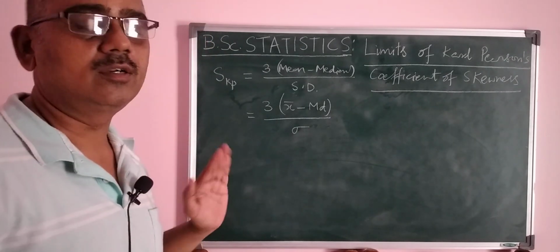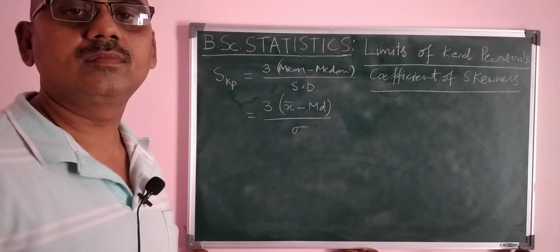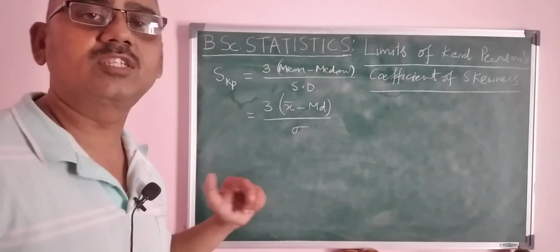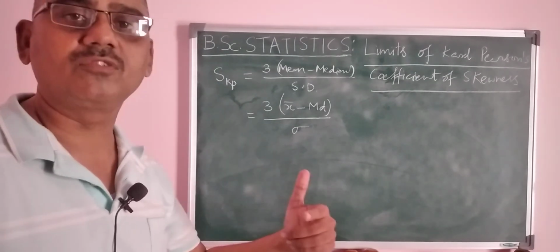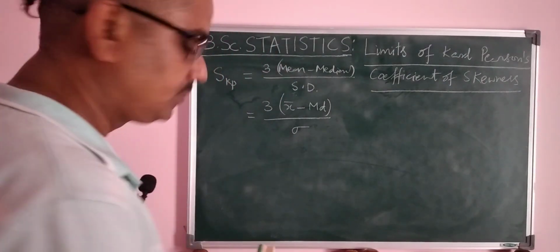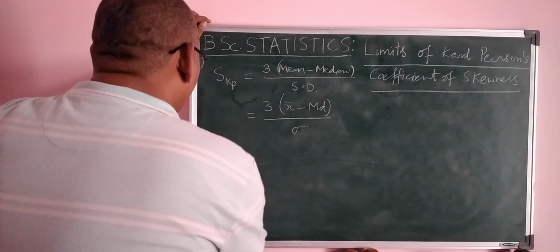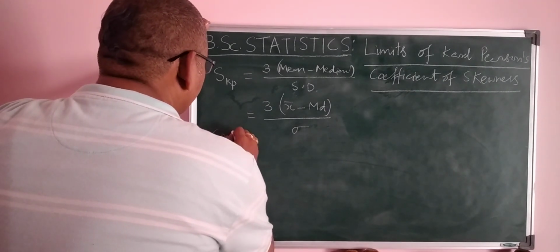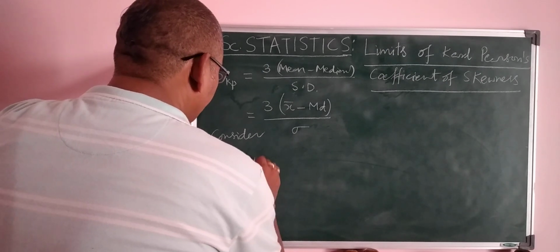Now I consider x bar minus median, the value of x bar minus median, so that the modulus of x bar minus median.